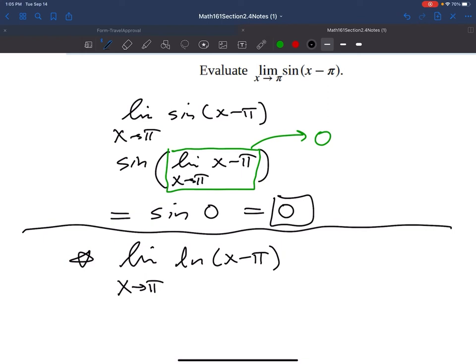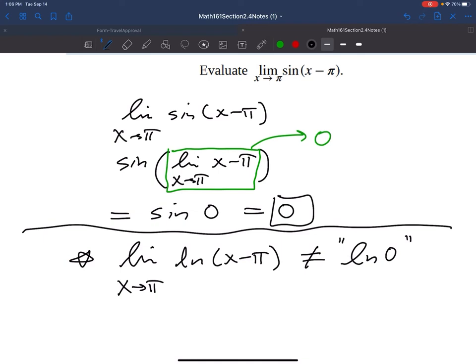Now if I move it inside, I run into a problem because then I have to take the ln of 0.